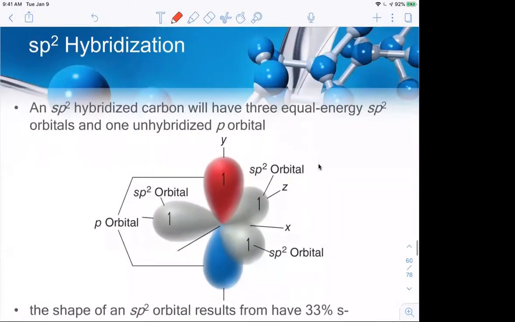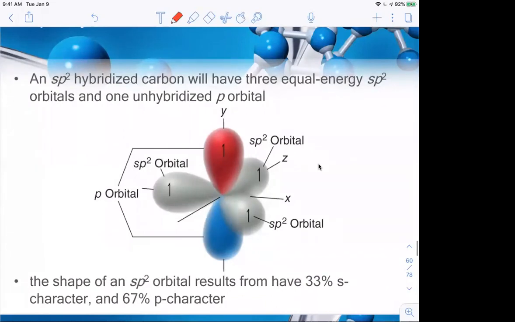So when I put them together, this is what my sp2 hybridized carbon has. Here's my hybridization, right? This is 120-degree bond angles. And then here's my P, which is unhybridized, sticking up. These orbitals, if they're bonded to something, are in the same plane.